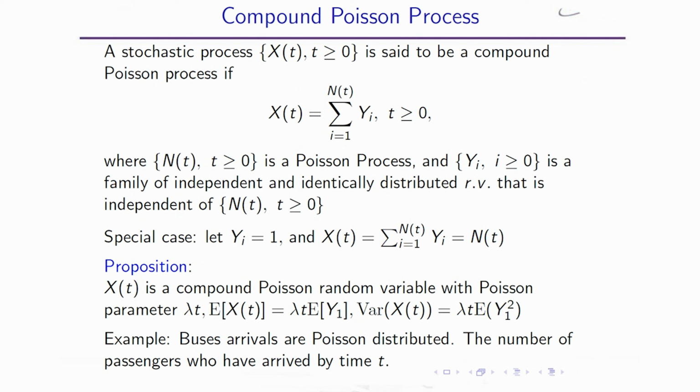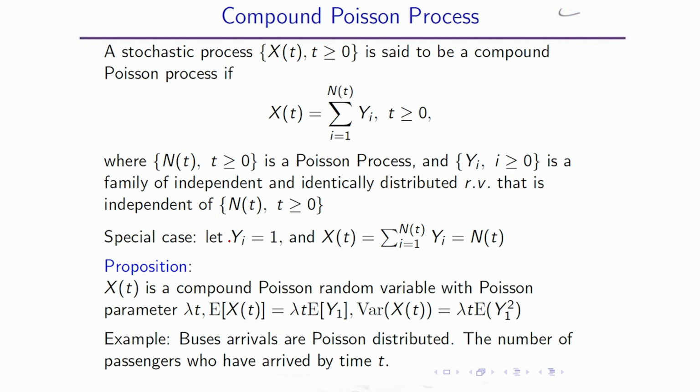Compound Poisson process. A stochastic process X_t is said to be a compound Poisson process if X_t is defined as the summation of Y_i, i from 1 to N(t), where N(t) is the Poisson process and Y_i is a family of independent and identically distributed random variables that is independent of N(t).